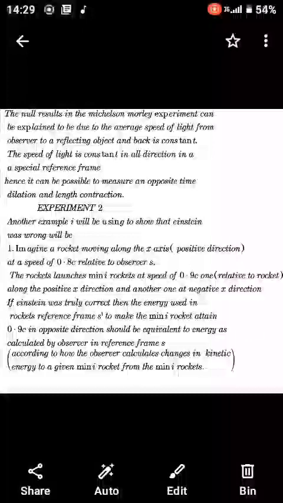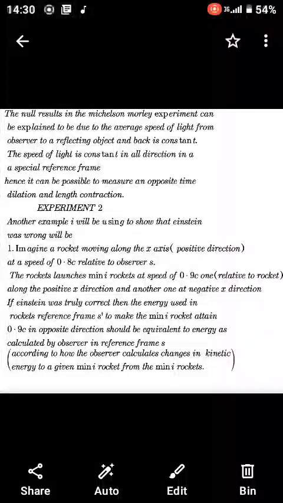So the first example will be, if you imagine a rocket that is moving in the x-axis direction, that is the positive direction, at a speed of 0.8c relative to observer S, then that rocket, now the rocket's inertial reference frame that moves at speed 0.8c, we'll call it S prime.